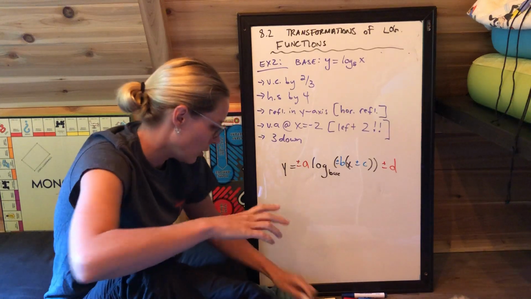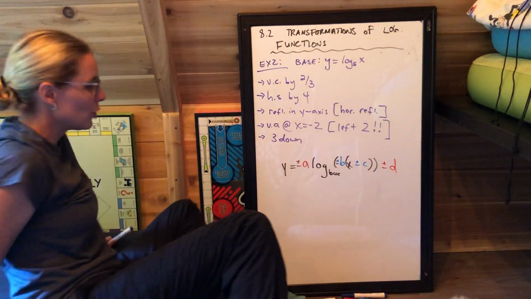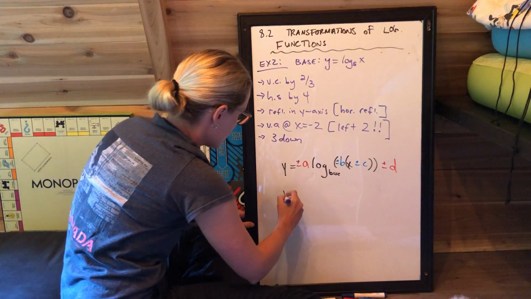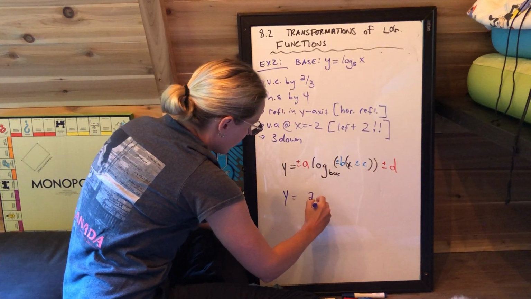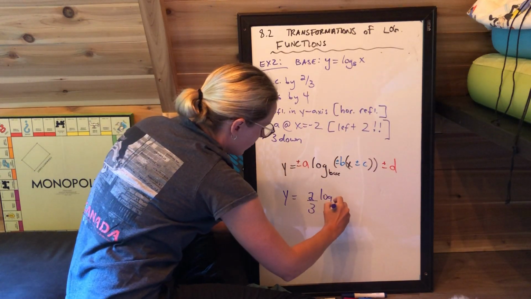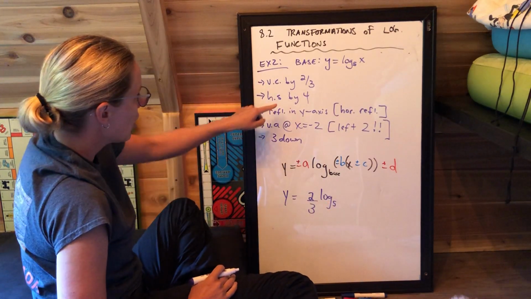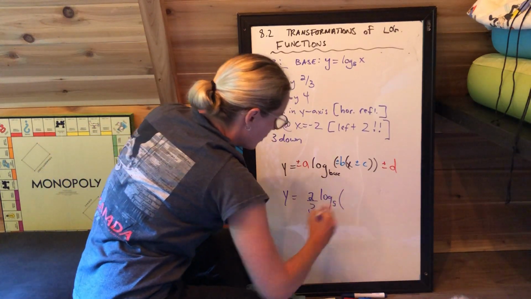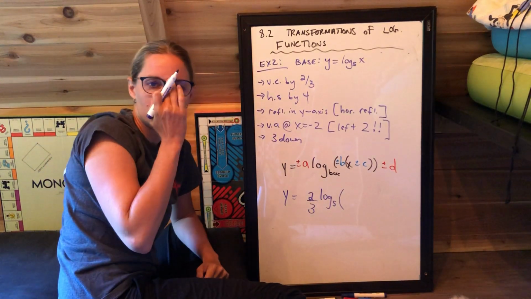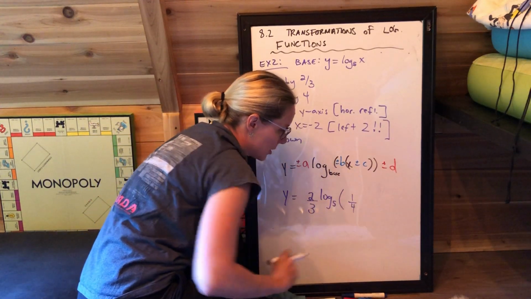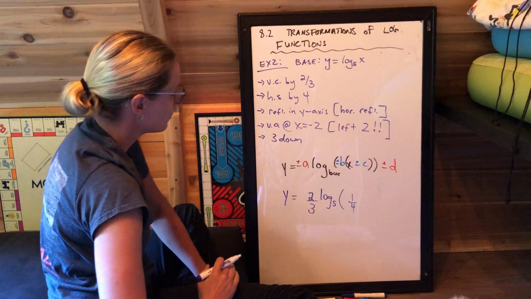In this specific one, it says we have a vertical compression by 2/3. Well, vertical compression by 2/3 is going to go out front. Now we know this has to be log base 5, so we put the 5 there. A horizontal stretch by 4 shows up in an opposite way. So you actually see a 1/4 here, but it's a horizontal stretch by 4.